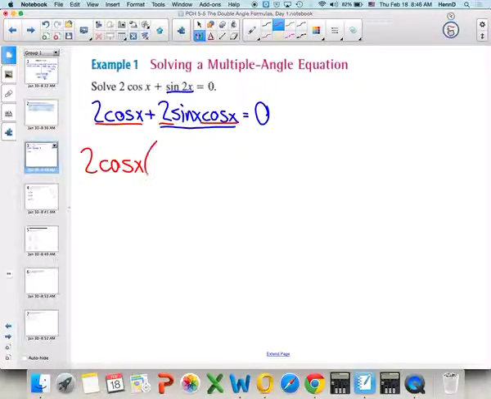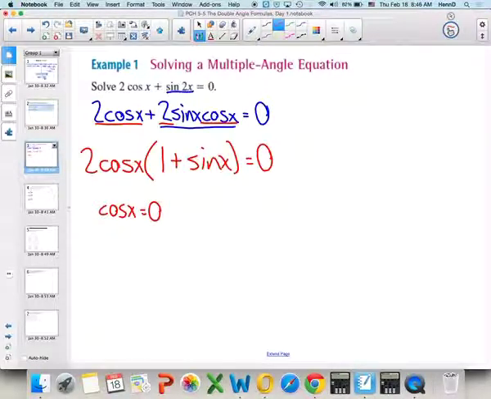So we can factor that out. There's a 1 and then plus the sine of x. Now that it's factored, we know that either the cosine of x equals 0 or the sine of x would have to equal what? Negative 1, okay?